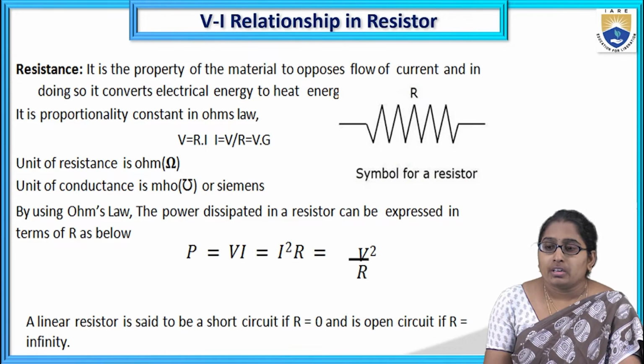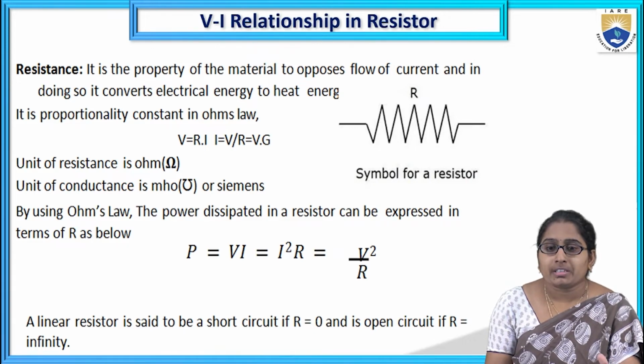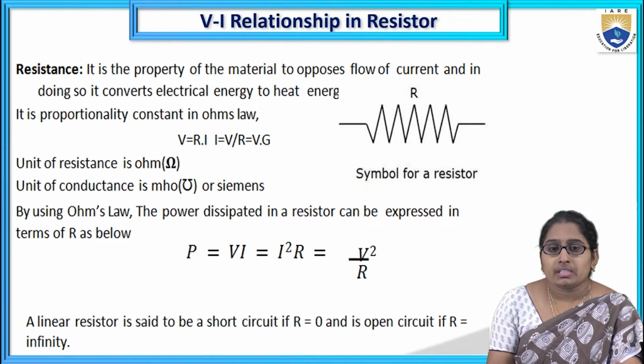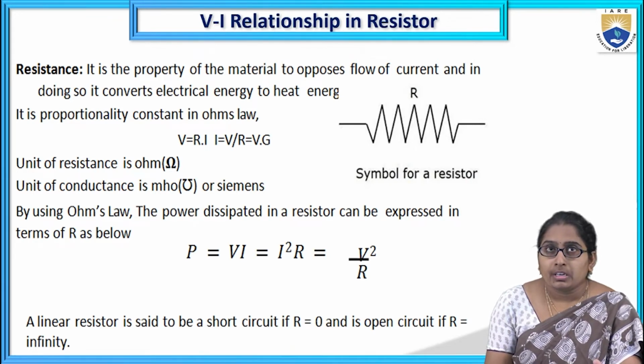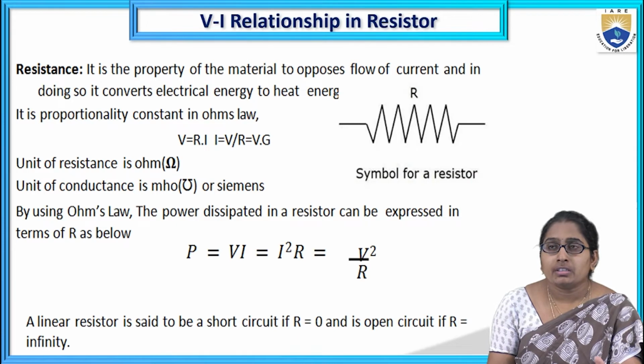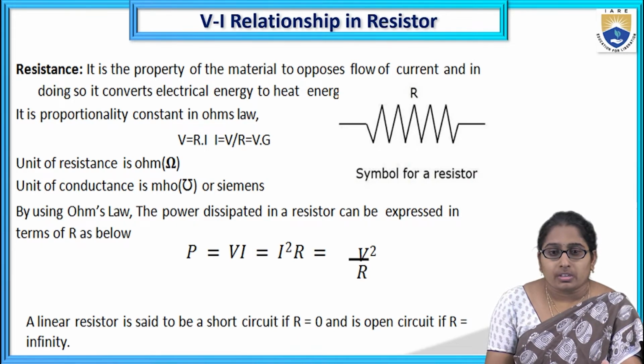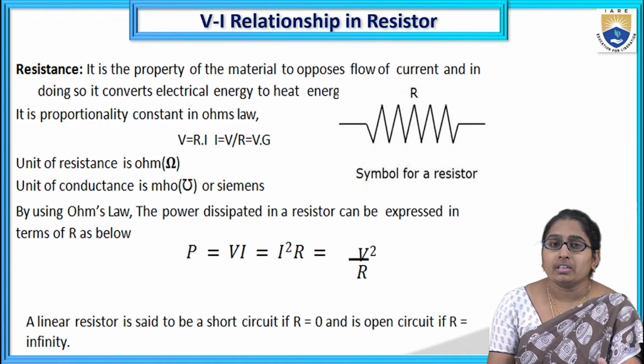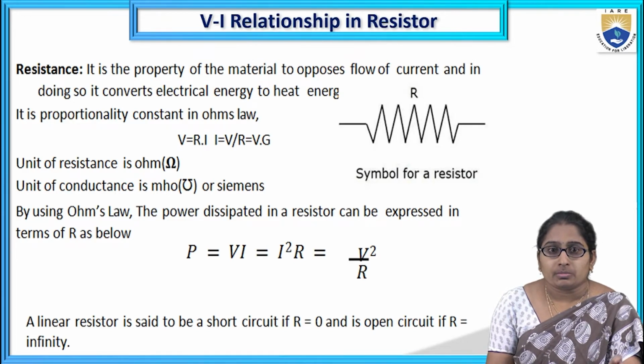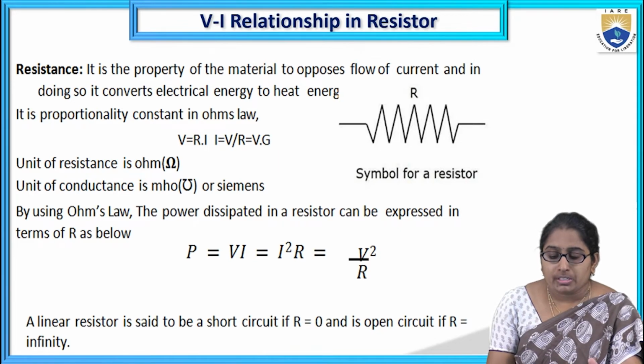Whenever a resistance is connected in a circuit, its basic property is that it opposes the flow of current through it and converts that electrical energy into heat energy. So when a supply is given, heat is produced around the resistance.